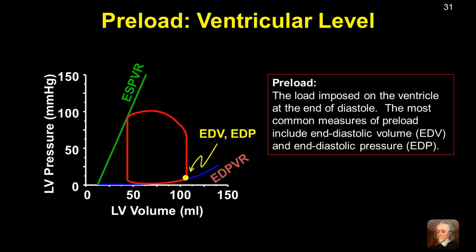For example, a mouse heart and a dog heart have the same basic sarcomere function, but their volumes are vastly different, and therefore volume becomes more difficult to use as an index.